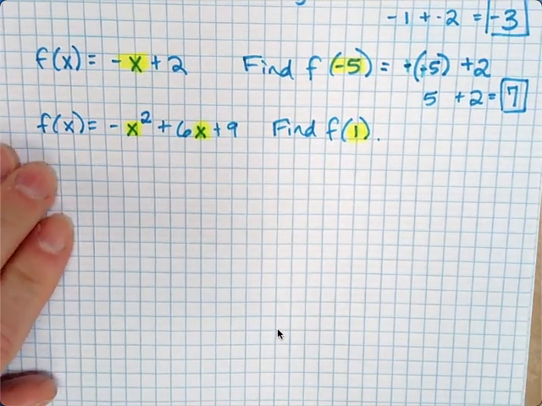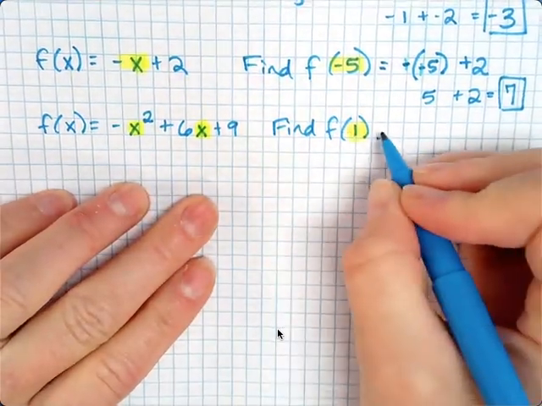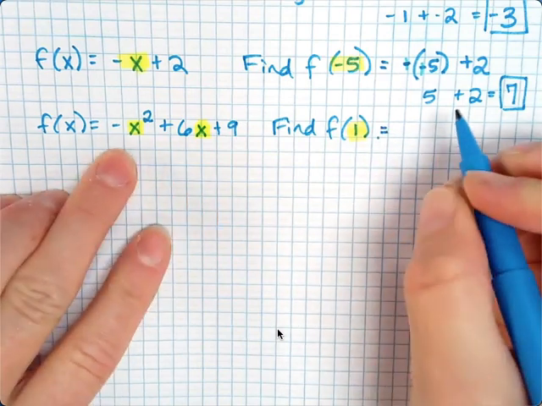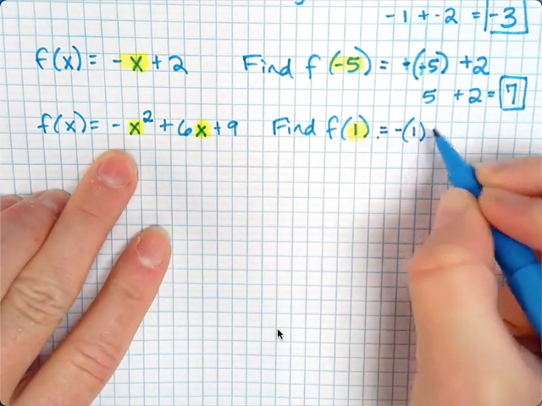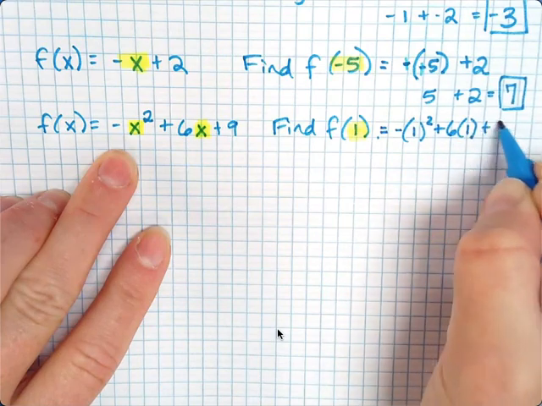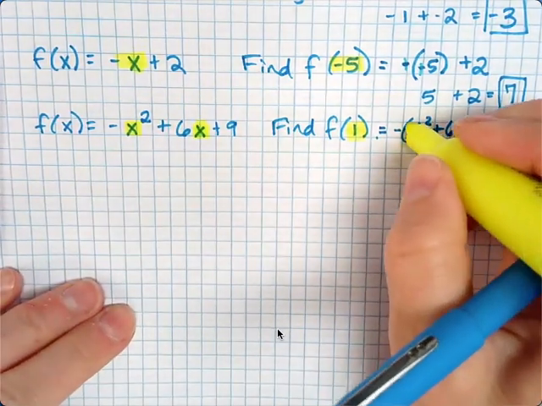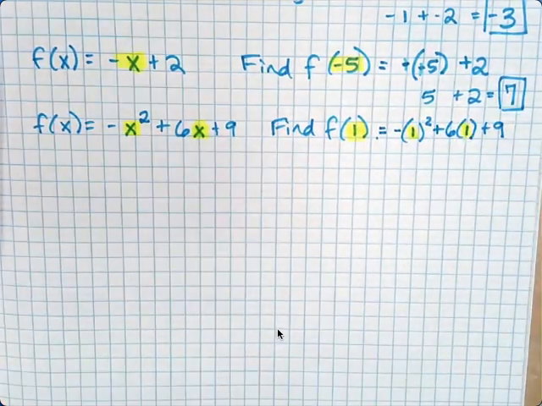Keep your input in parentheses. So this will be negative parentheses 1 squared plus 6 times 1 plus 9. I plugged in a 1 every time that there was an x.